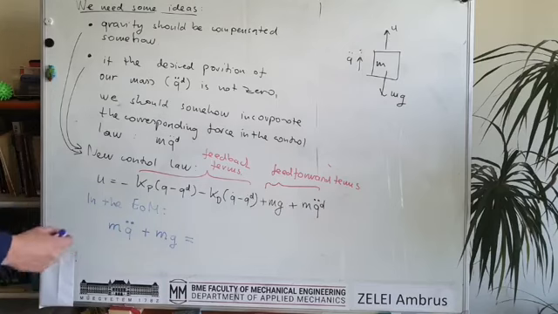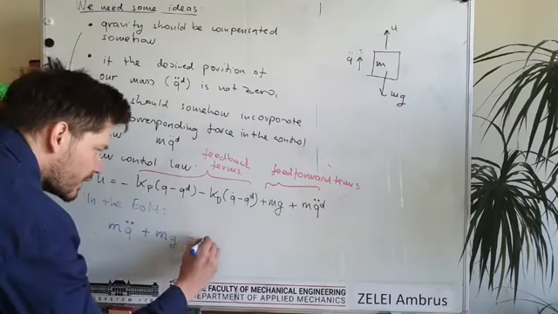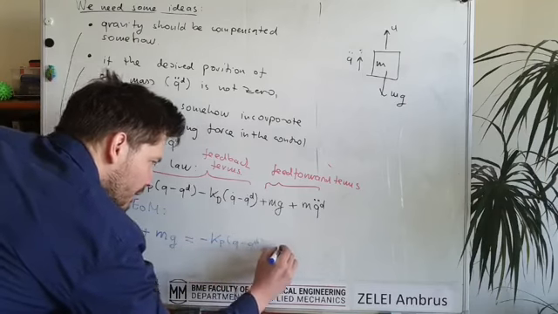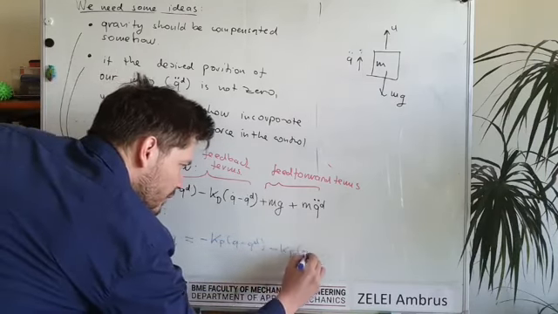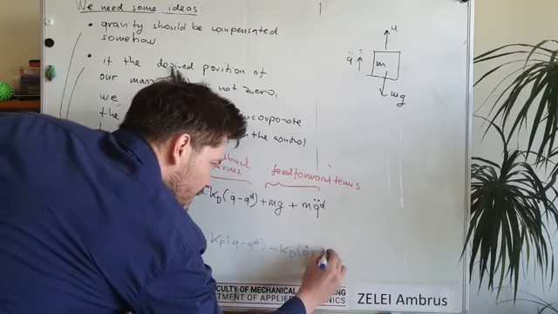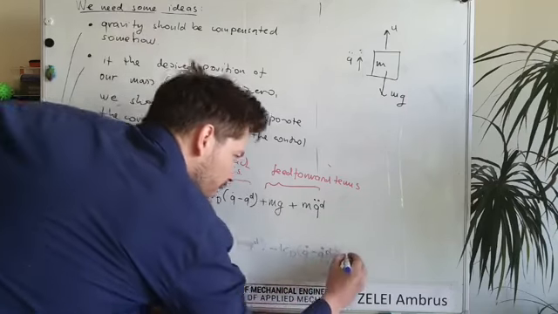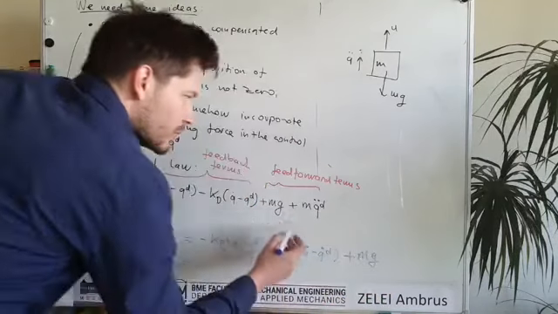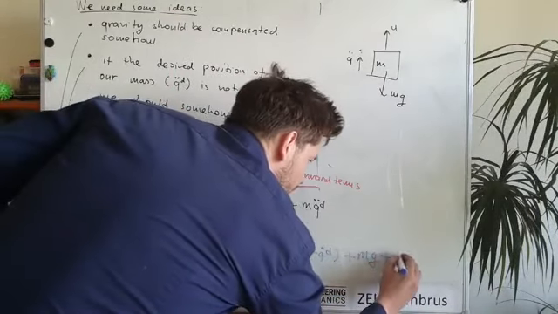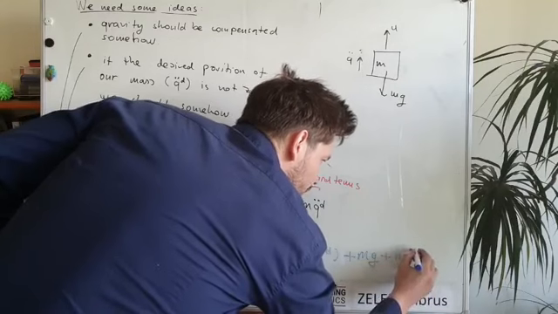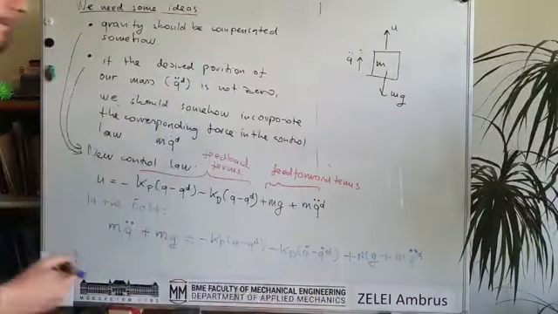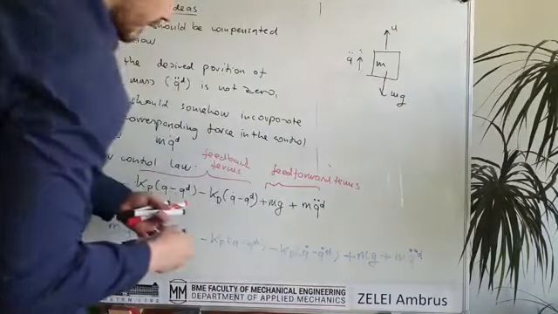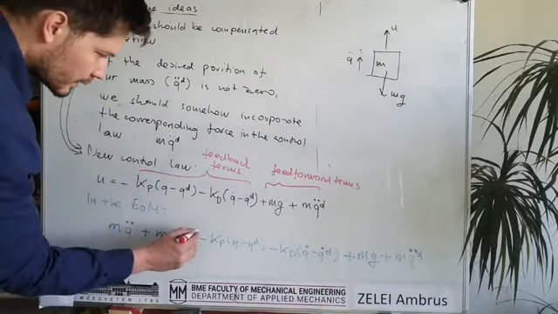It should equal u, but here there is Kp times q minus q desired minus Kd times q dot minus q dot desired, and now we have the new part of the control input, which is m times g and m times q double dot desired. So this whole thing here is the control input u.